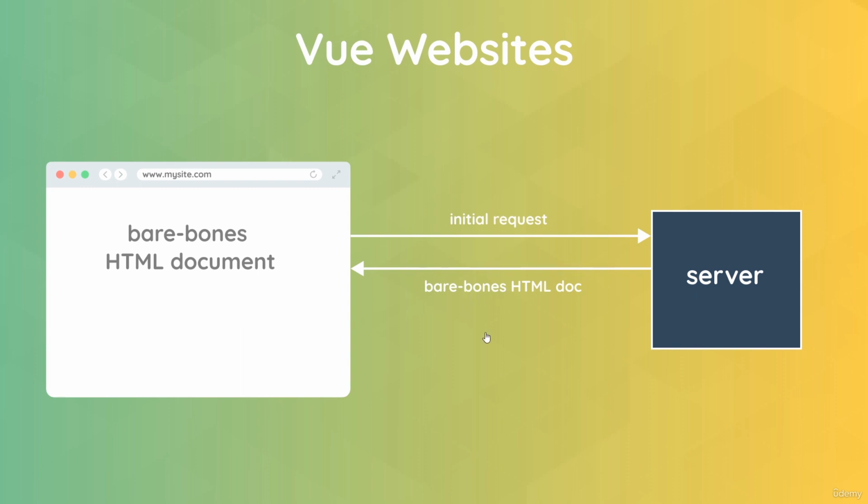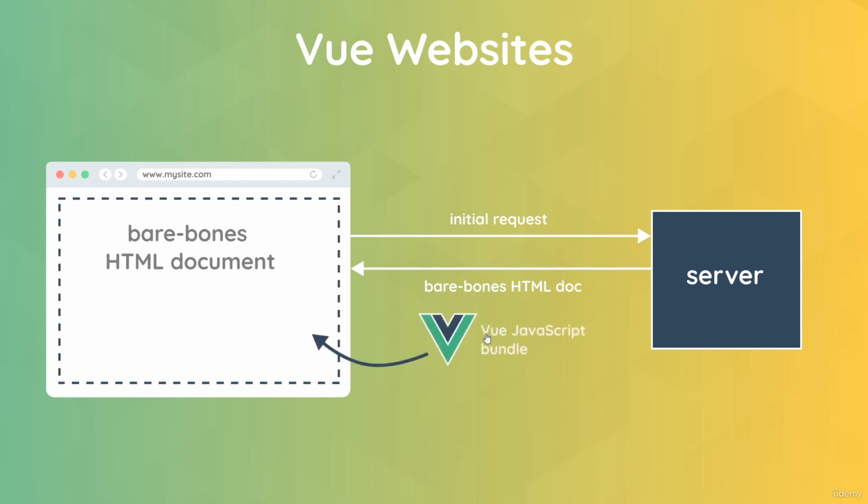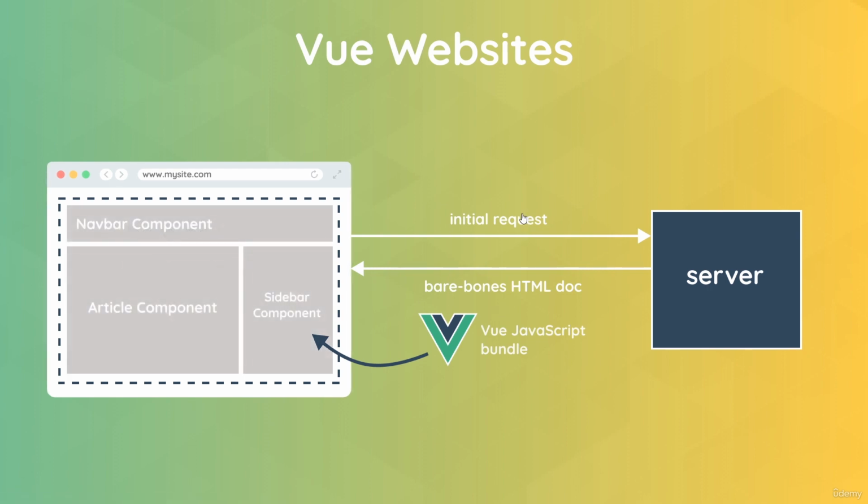And with that web page, we also get back our Vue JavaScript bundle. Now, this Vue JavaScript takes full control of the website now in the browser, and it renders the different Vue components that are needed for that page, like a navbar component, an article component, and a sidebar component. And it also takes over all of the linking and routing to other pages on the site too.